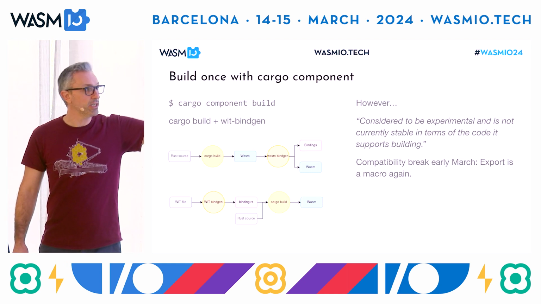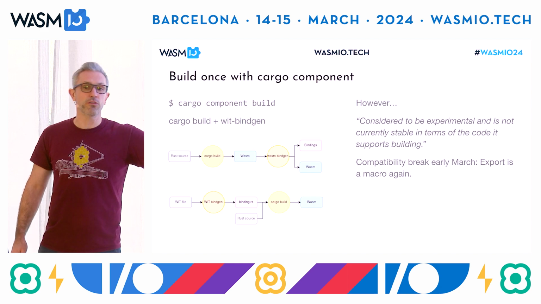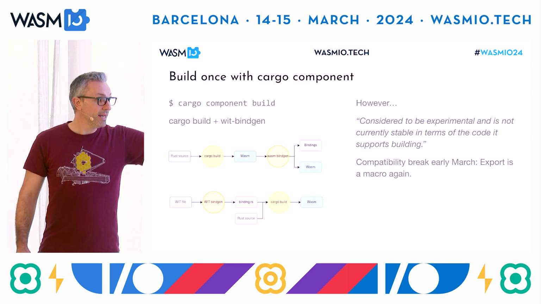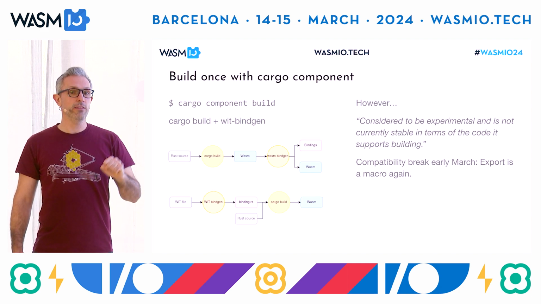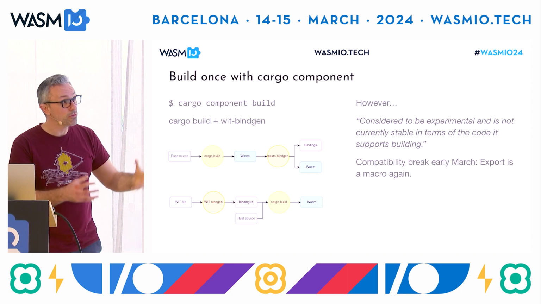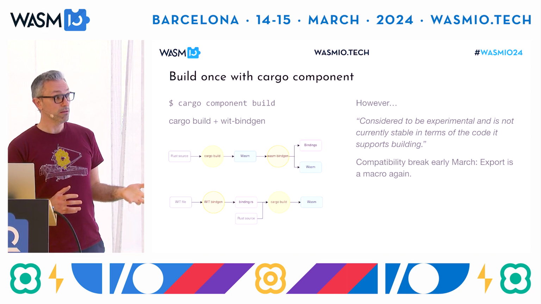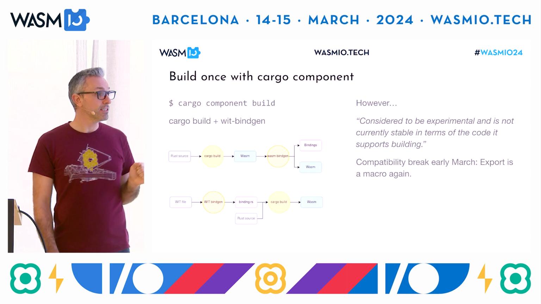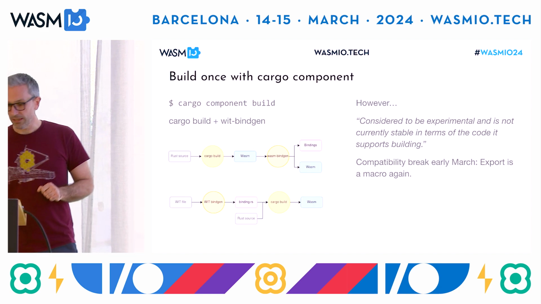Instead of wasm-bindgen creating bindings and a Wasm from the build with placeholders, with cargo component build, the bindings are included in the build. So you don't need bindings after. You can use the Wasm directly, which was for us very interesting and matches our use case. Even if it's not stable, it's working.